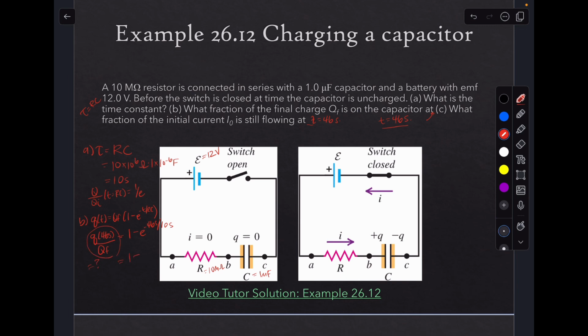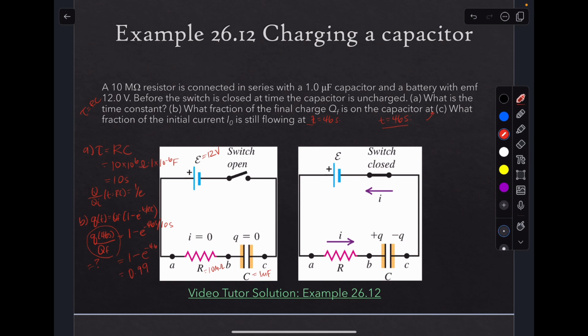So we need to do 1 minus e to the negative 46 over 10, which is e to the negative 4.6. So 1 minus e to the negative 4.6 gives us 0.99.